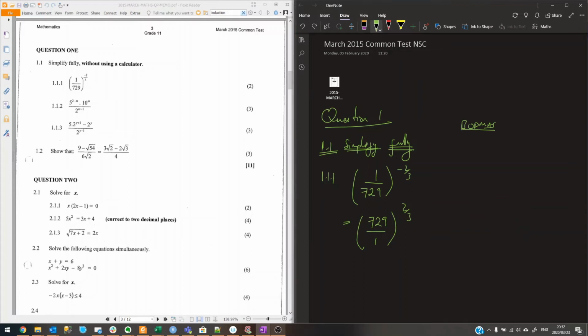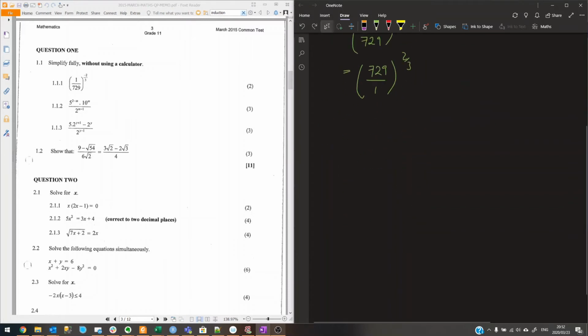Okay, so having done that, now we say, okay, we got 729 raised to 2 over 3. Well, we have a fractional exponent here. So this is probably some power. What power could this possibly be? Why do I want it to be a power?